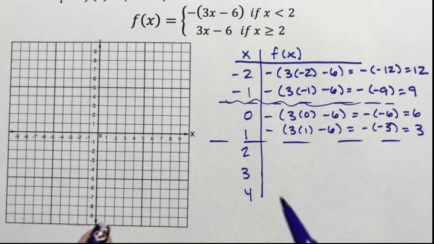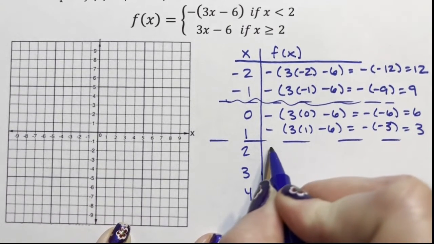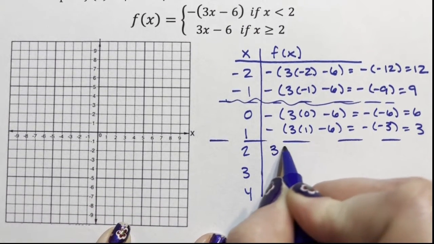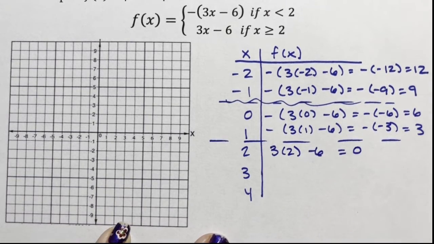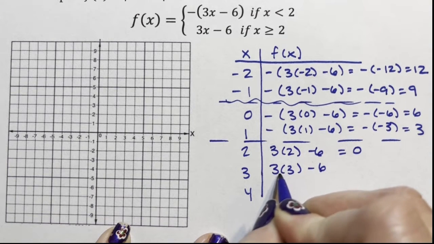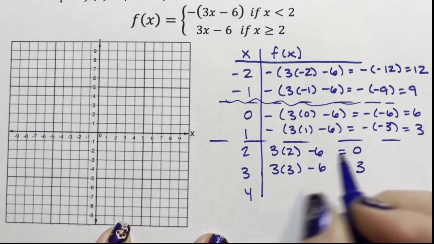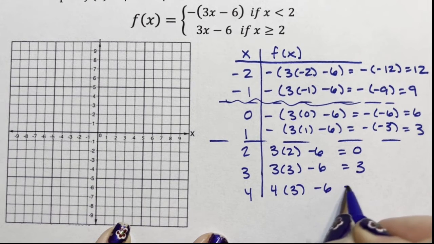Positive. Now we get to 2 and we can jump to the bottom function. So 3 times 2 minus 6 is 6 minus 6, which is 0. 3 times 3 minus 6, which is 9 minus 6, which is 3. 3 times 4 minus 6, which is 12 minus 6, which is 6.